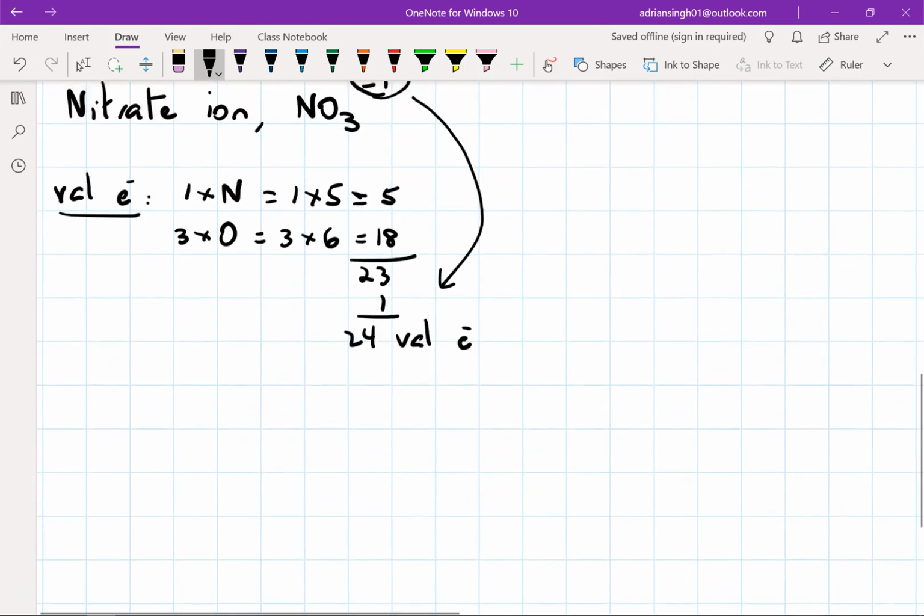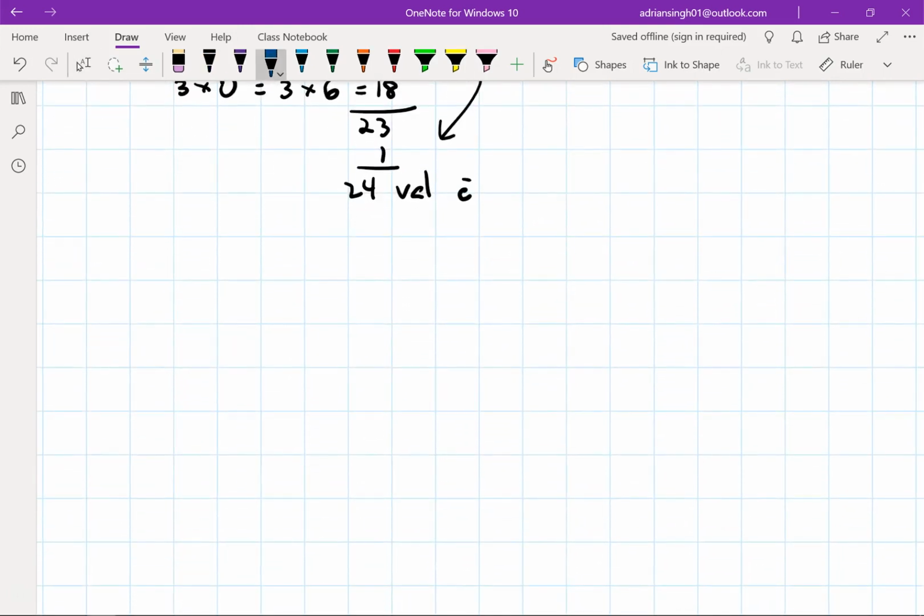All right, so we have 1 nitrogen and 3 oxygens. In the absence of carbon, nitrogen likes to be in the middle, so we have N, and then we're going to stick our oxygens around it. We have 3 of those. We're going to connect them so they don't float away. Then we give the outer oxygens enough electrons to complete their octet.